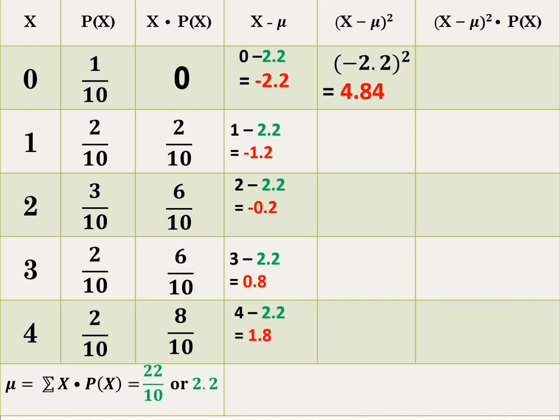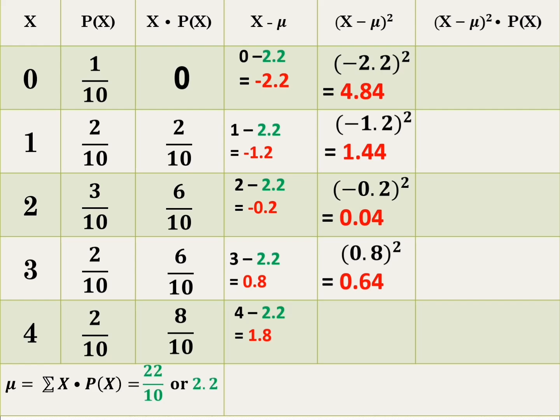So we have negative 1.2 quantity squared, that is 1.44. And then negative 0.2 squared, that is 0.04. 0.8 squared, that is 0.64. And last, 1.8 squared, that is 3.24.